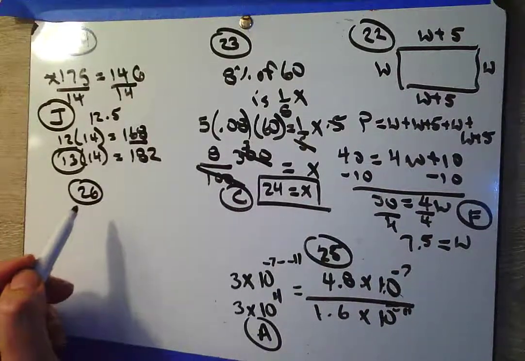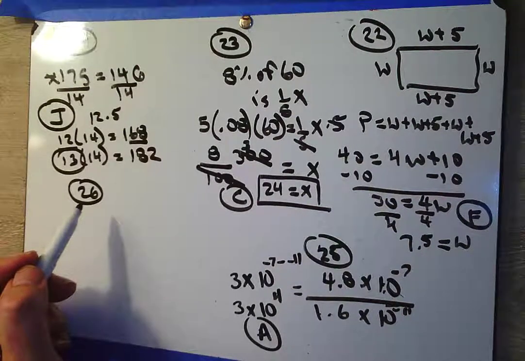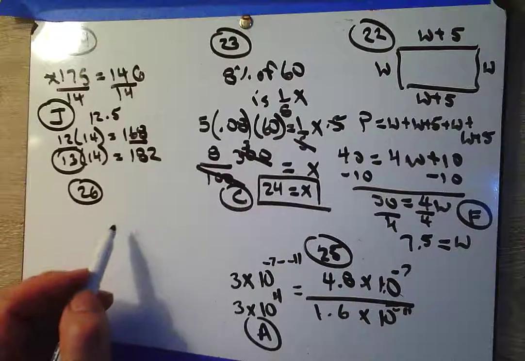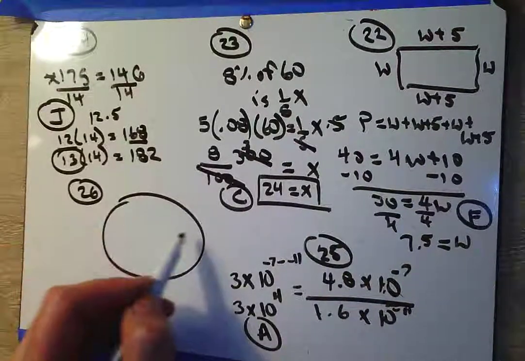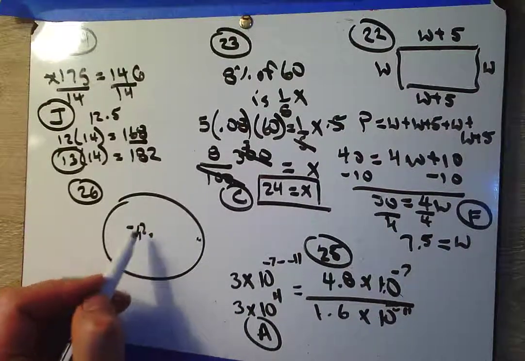26. A circle in the coordinate plane has a center and passes through this point. Line segment AB is the diameter of the circle. What are the coordinates of B? Well, we know that the center is located here at -1, 2.